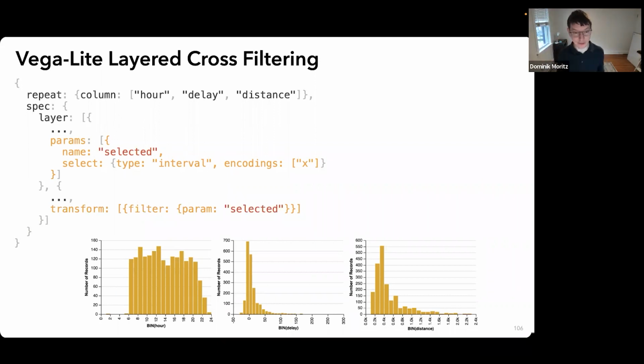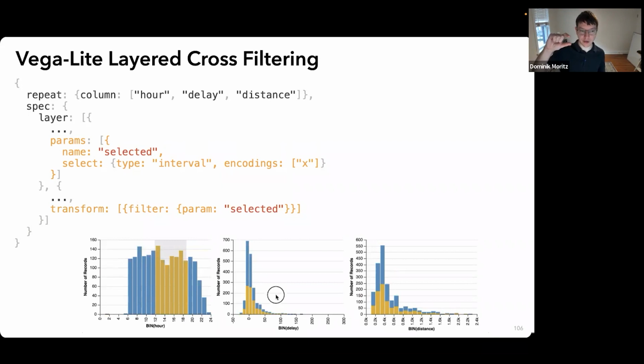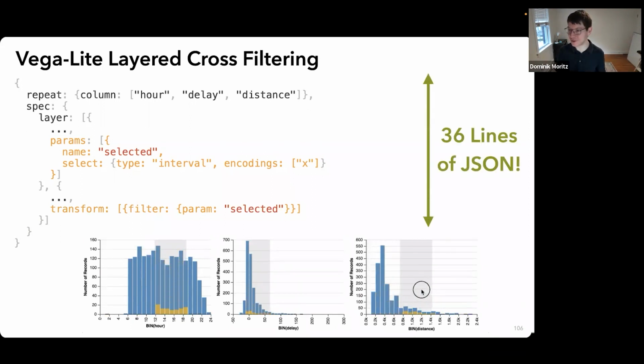Now the data gets filtered, and when you select, you can see those bars that show exactly the selected range in the other charts. All of this, I don't have the full code here, is about 36 lines of JSON. And so I think here really comes the power of composition, where we can make a pretty complicated chart using just a small number of building blocks.